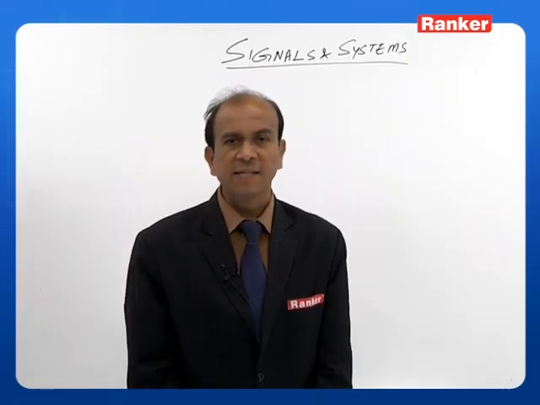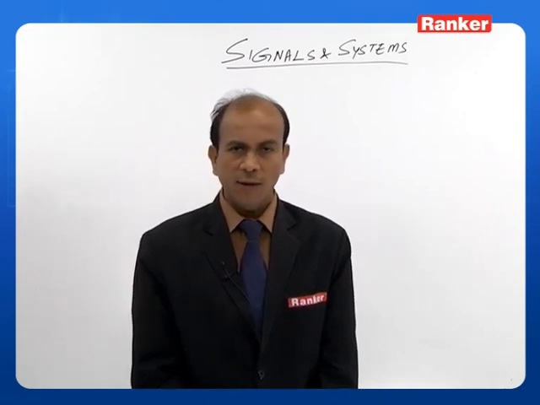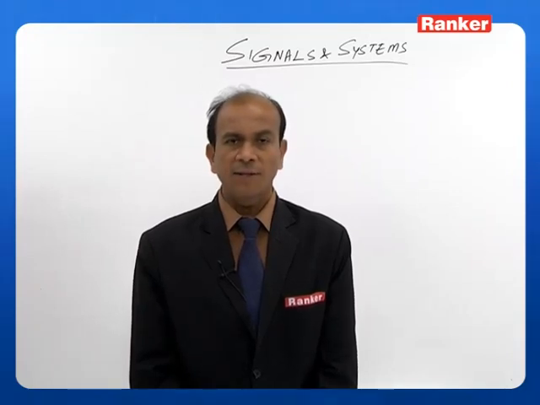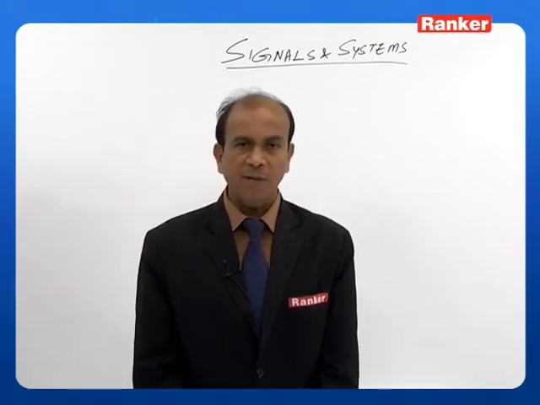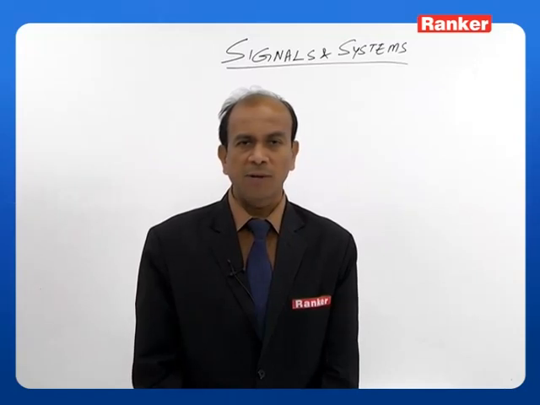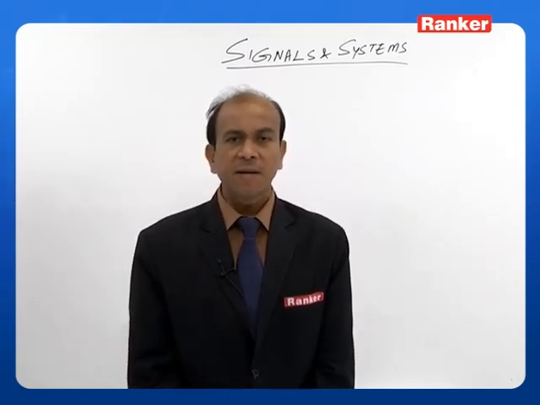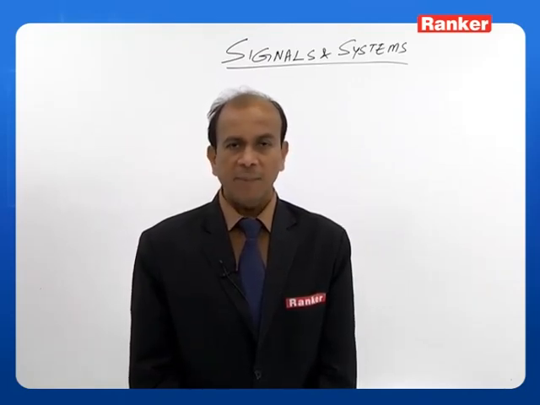So these are the two conditions we have to check to analyze whether the system is stable or not. If it is absolutely integrable or absolutely summable, then the system is stable. Otherwise, the system diverges and it is called an unstable system.